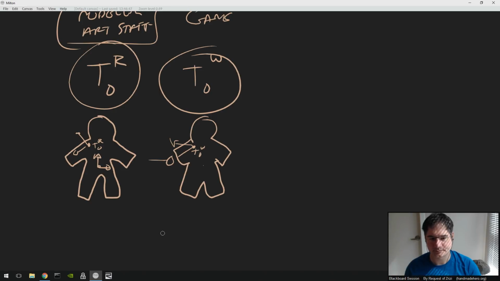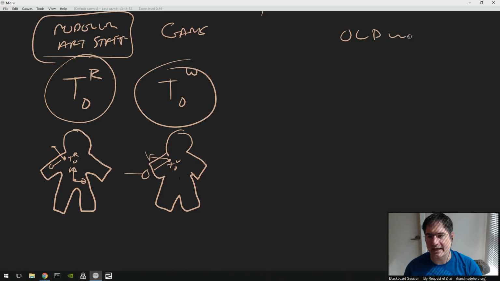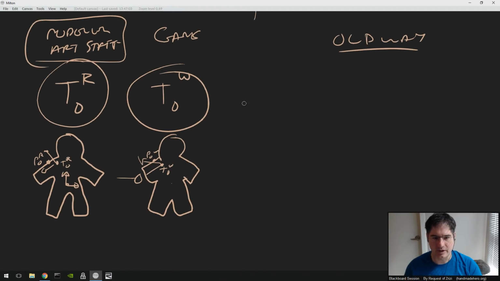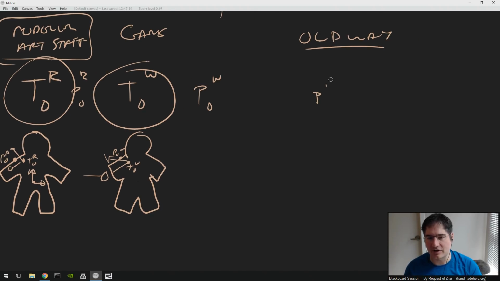Okay? And what I was saying before is the old way we were doing this was to say I need to store a P0 in R, and I need to produce P0 in world. So I'm going to start talking about P0 in world and P0 in R as well. Then what I did is I stored an intermediate value. I stored a P, let's call that P intermediate of 0.